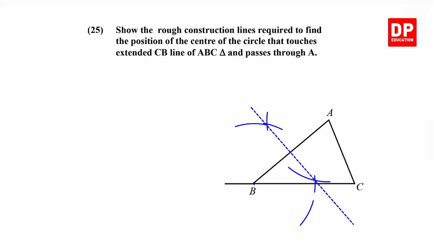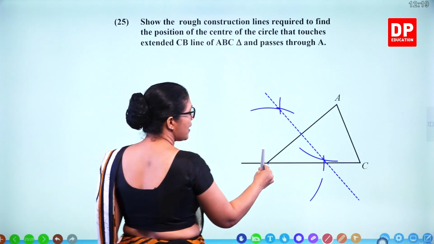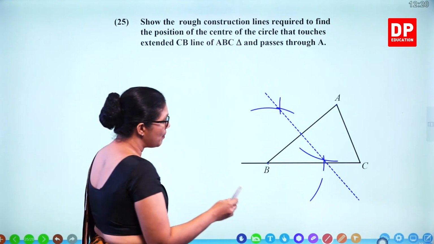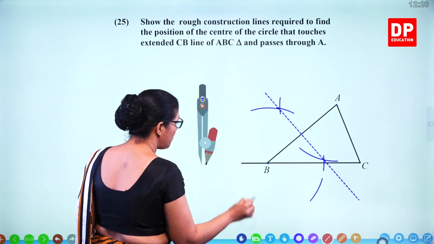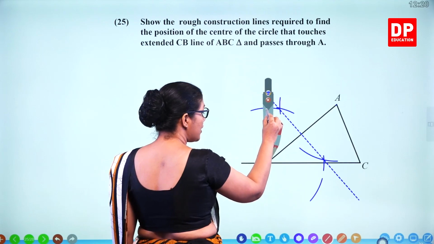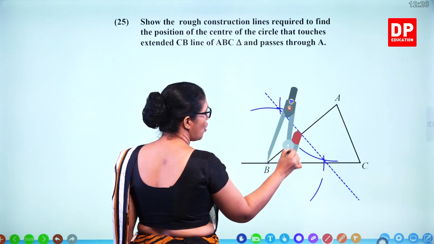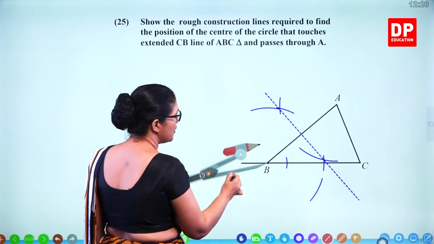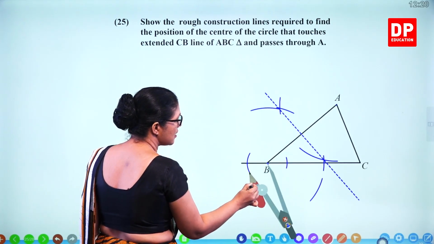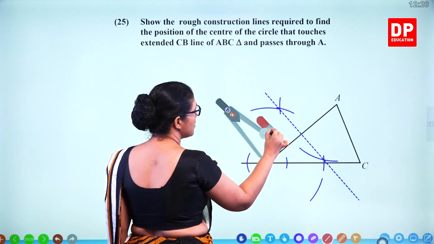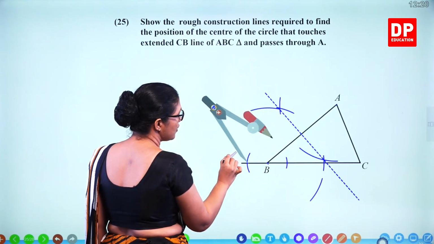Then you have to draw a line at B also because the circle touches BC. How do you draw it at B? Not the perpendicular bisector, but the perpendicular at B, because it touches the circle. Then take a long distance and draw the other arc.